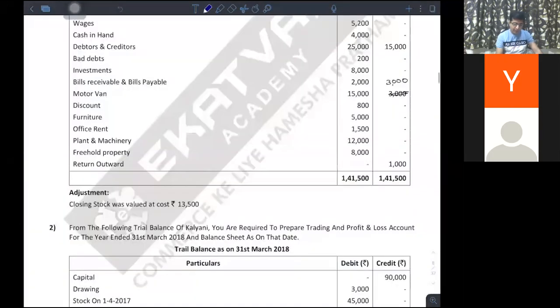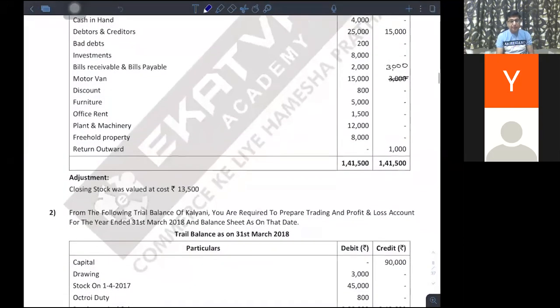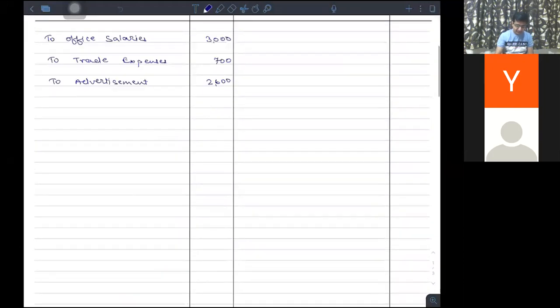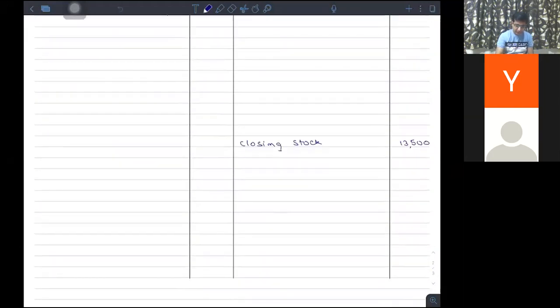All right. Cash in hand being an asset and debtors also being an asset will appear in the balance sheet onto the asset side. Debtors 15,000.